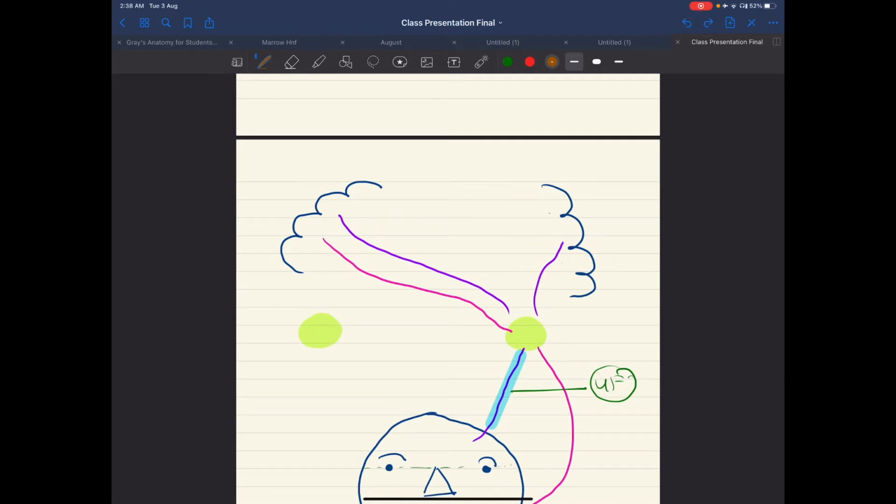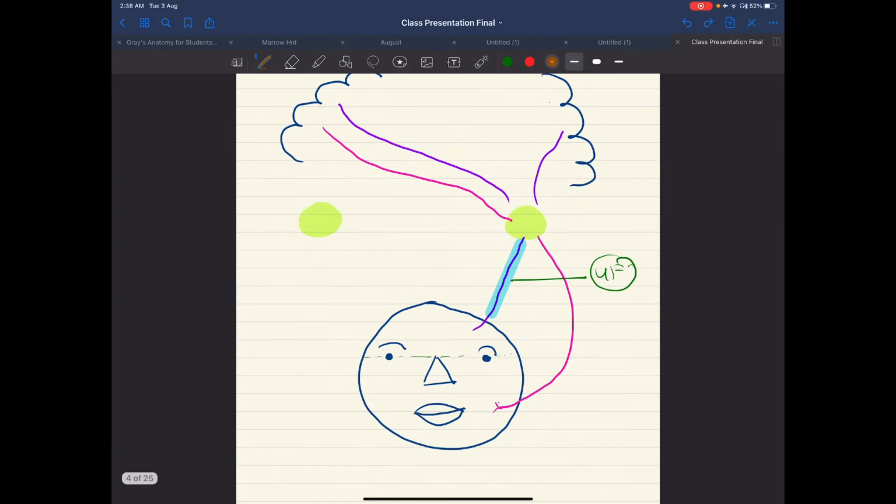Okay. Now let's look at the lower part of the face, the nerve for the lower part of the face. This is your nerve for the lower part of the face. If you look carefully, there is only one fiber coming, and this is your fiber. There's only one fiber which is coming down.